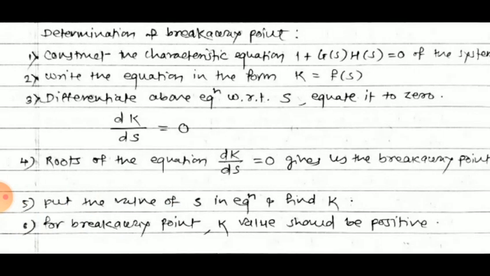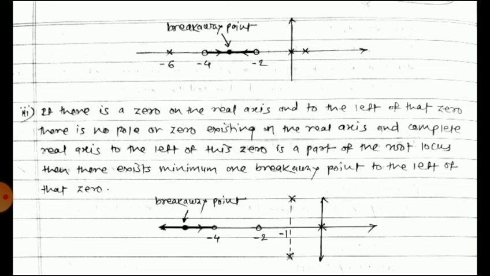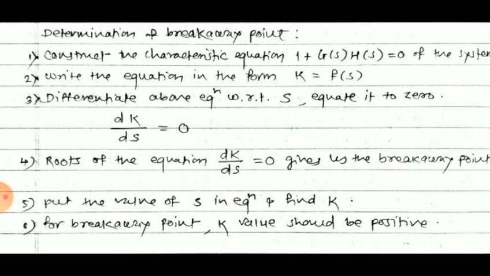So, determination of the breakaway point. From that prediction we will know whether any breakaway point exists or not. If a breakaway point exists, then you have to calculate its value.